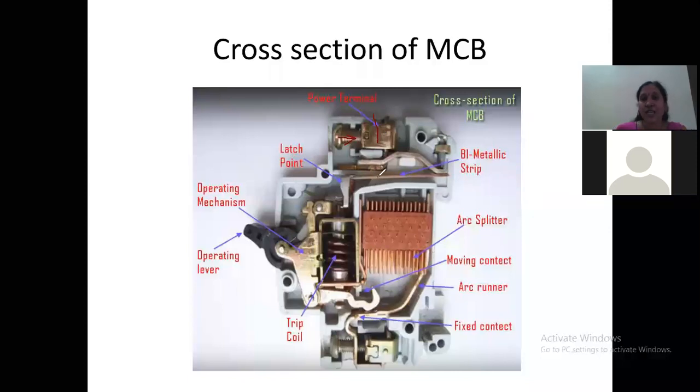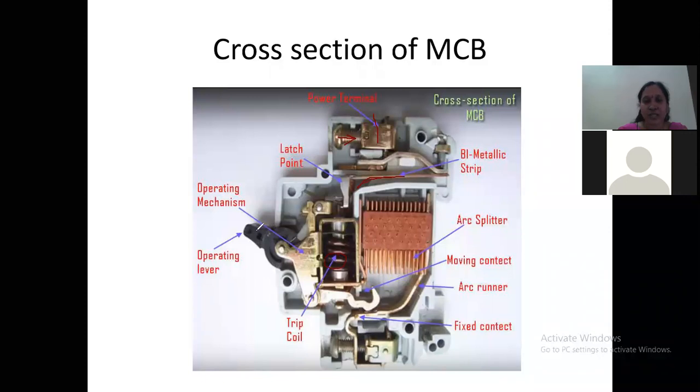Okay, so if there is a sudden increase in the current or the voltage from the supply side, this bimetallic strip is going to take that overload heat, and it is going to bend. Okay, like this, it is going to bend. So thereby it is going to start the operation mechanism here. Okay, so there is a trip coil here, you can see, which is going to trip the circuit.